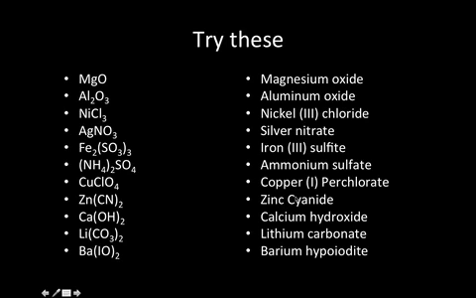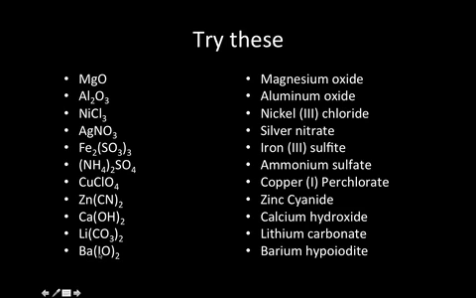Zinc cyanide does not need a Roman numeral because it's one of the 2 exceptions. Calcium hydroxide, lithium carbonate, and then we have barium hypoiodite. This 2 is outside the parentheses. So we have 2 hypoiodites. The IO3 is iodate. We have iodite, hypoiodite.